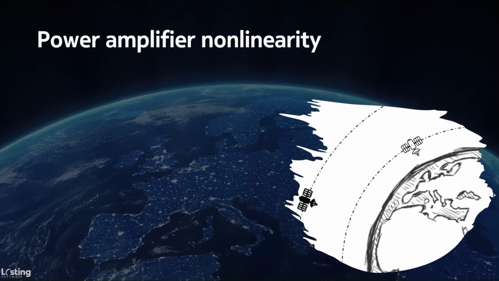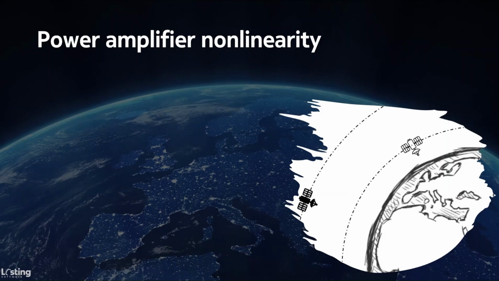Power amplifier nonlinearity. By nature, the satellite suffers high constraints in all carried equipment, including onboard power amplifiers. Hence, they are expected to operate near to maximum rated output power, close to saturation.